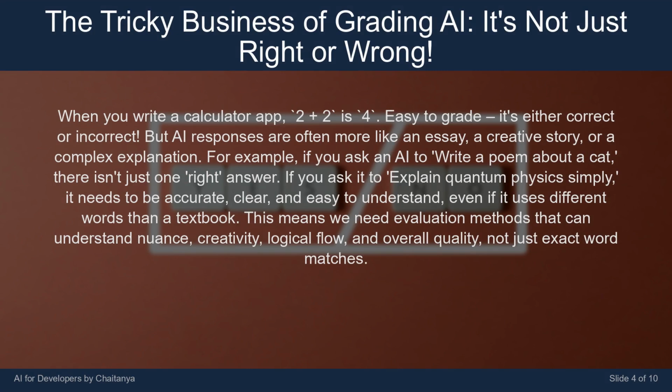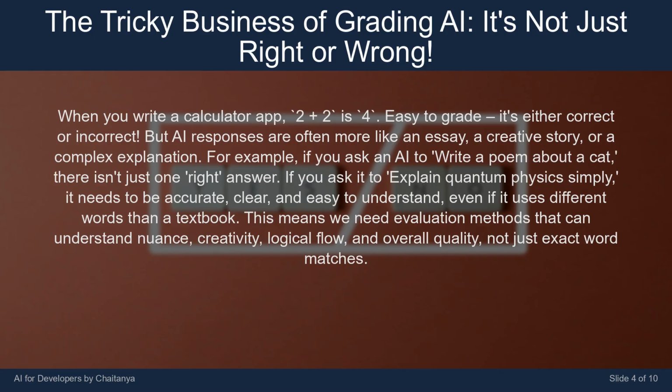When you write a calculator app, 2 plus 2 is 4, easy to grade. It's either correct or incorrect. But AI responses are often more like an essay, a creative story, or a complex explanation. For example, if you ask an AI to write a poem about a cat, there isn't just one right answer.